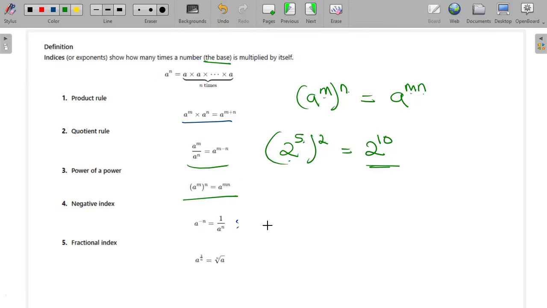Right, then the next law that we have is saying a to the negative power, like that. If you have a negative power there, you just say 1 over, and you remove the negative, and then you just say a to the power n.